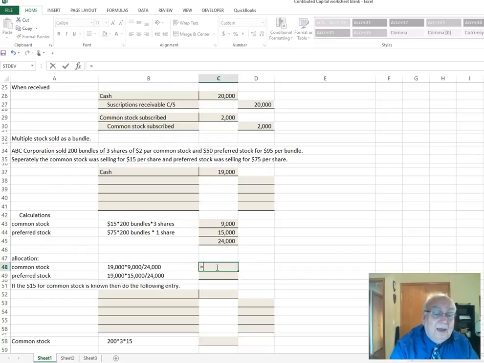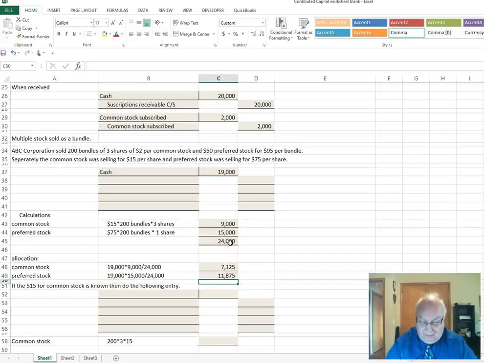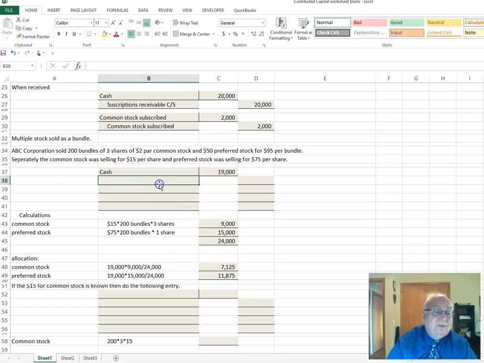It's the 19,000, which is the cash we received, times 9,000 divided by the 24,000, which is the percent of total that it has, or 7,125. For the preferred stock, we'd have the 19,000 times 15,000, which it contributes out of the total of 24,000. Okay, so now we're ready for the journal entries.